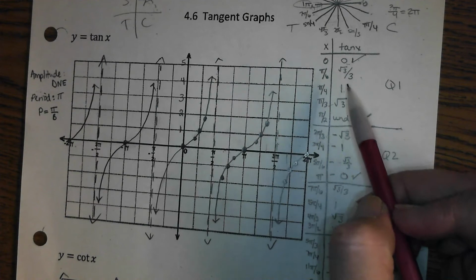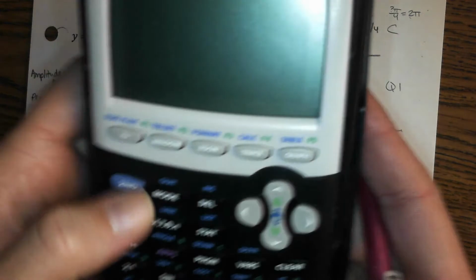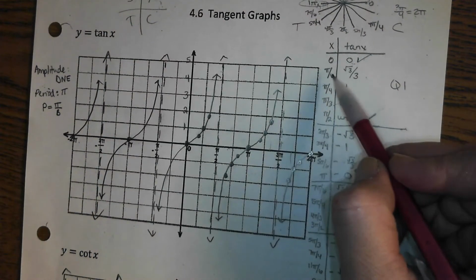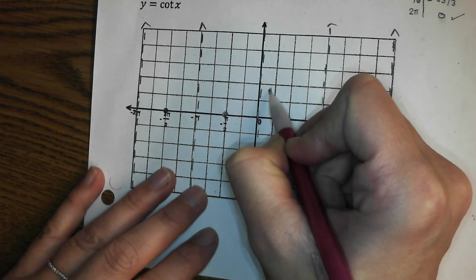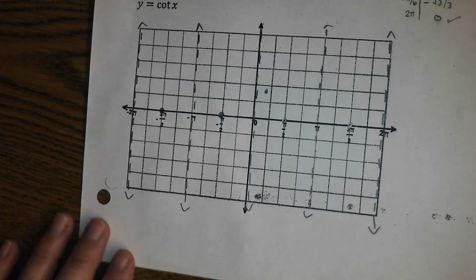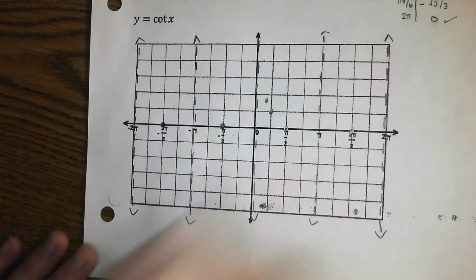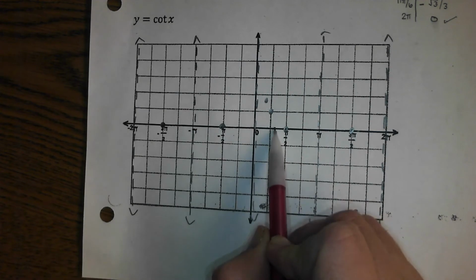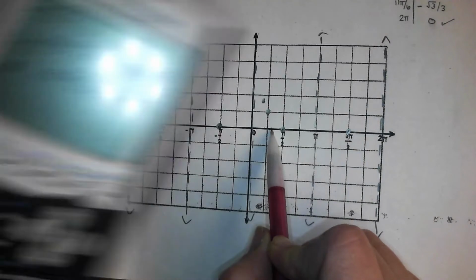And then the reciprocal of root 3 over 3 is 3 over root 3, 1.7. So pi over 6 is going to go to a 1.7-ish. For pi over 4 and 1, the reciprocal of 1 is still 1. For pi over 3 and root 3, which was on the tangent graph, the reciprocal of root 3 is 1 divided by root 3, which is 0.577, so 0.6.